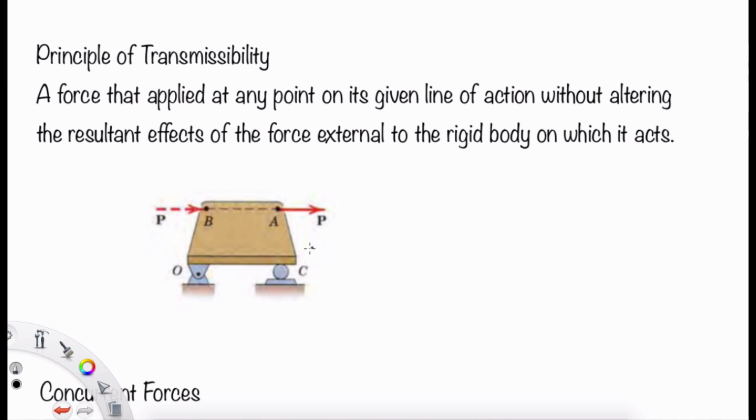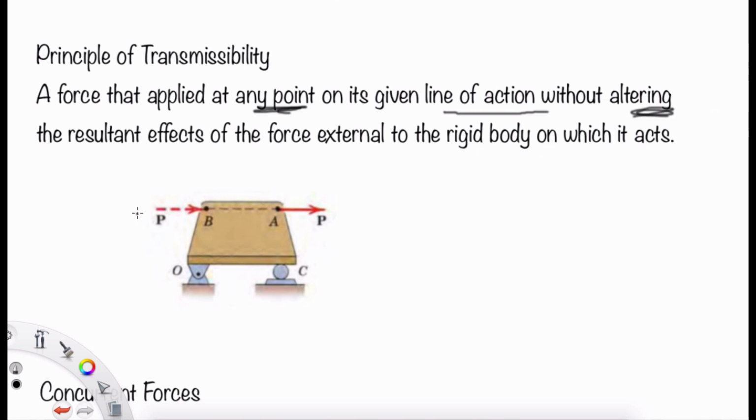The principle of transmissibility states that a force applied at any point on its given line of action does not alter the resultant effect of the force on the rigid body on which it acts.